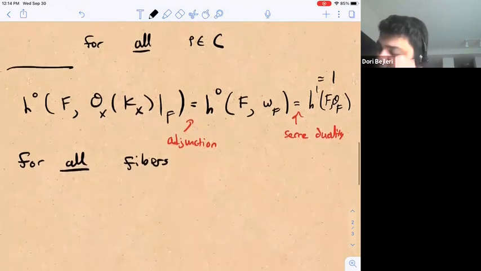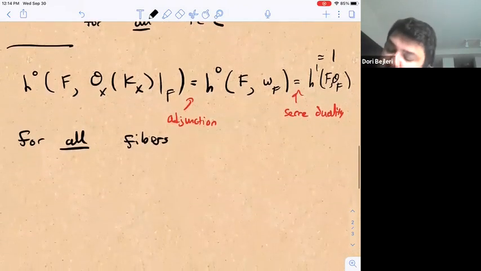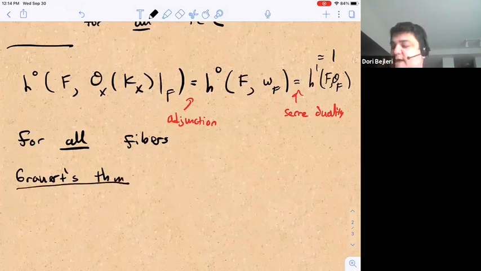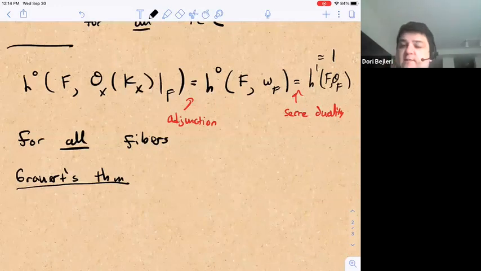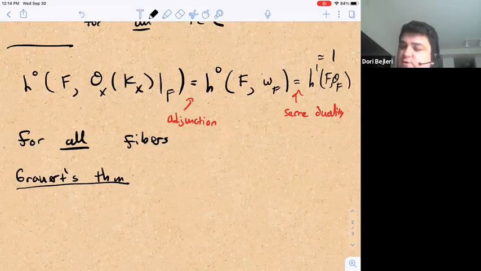So now we can invoke Grauert's theorem, which is maybe a special case of general cohomology and base change results, which essentially says anytime you have a line bundle so that the global sections on every fiber have the same dimension, then when you push forward that line bundle, you actually get a vector bundle whose rank is equal to this dimension.